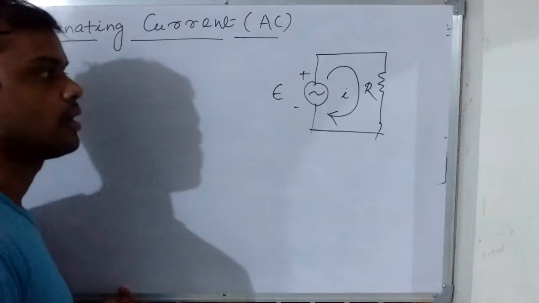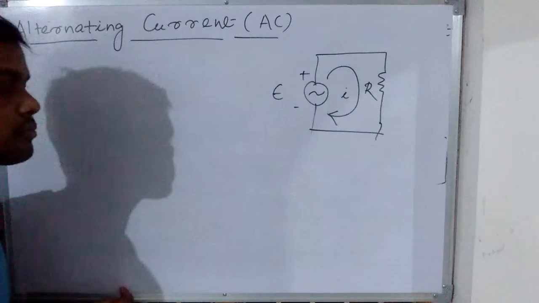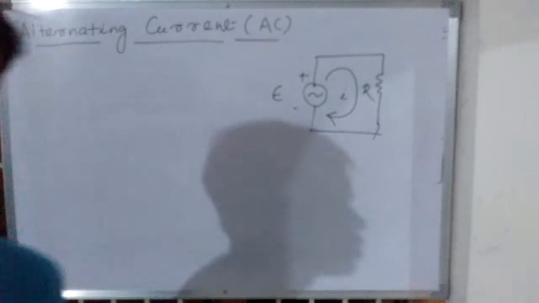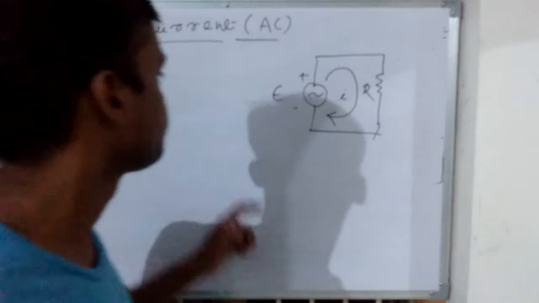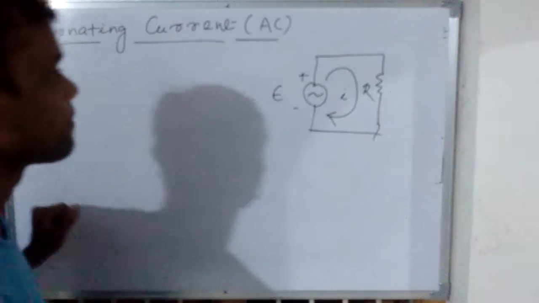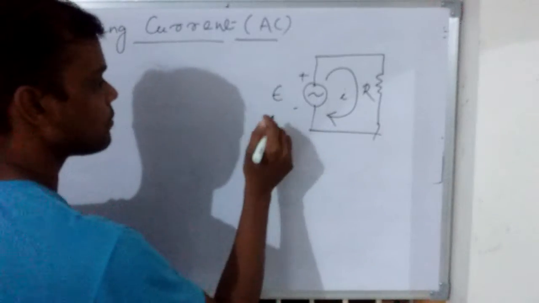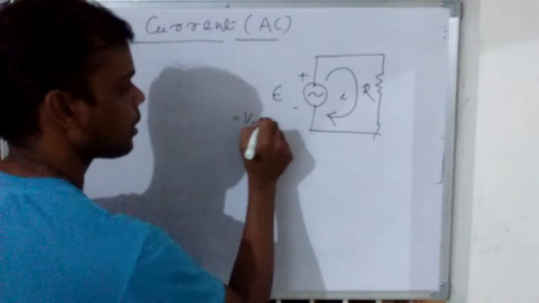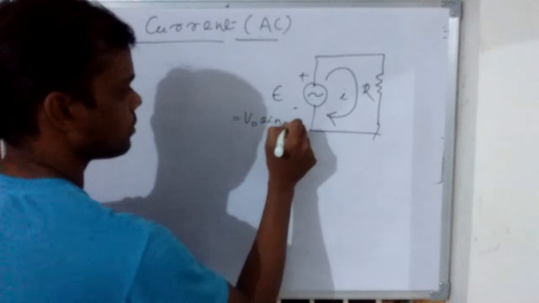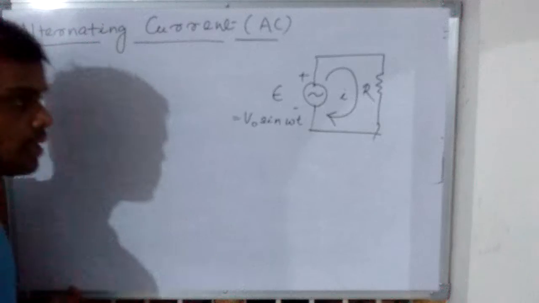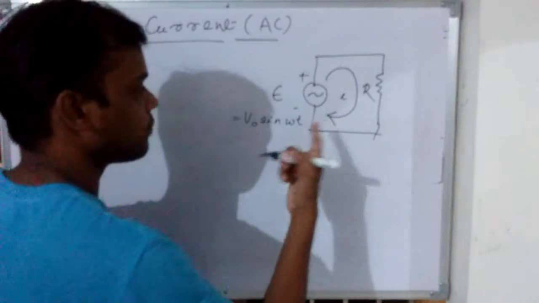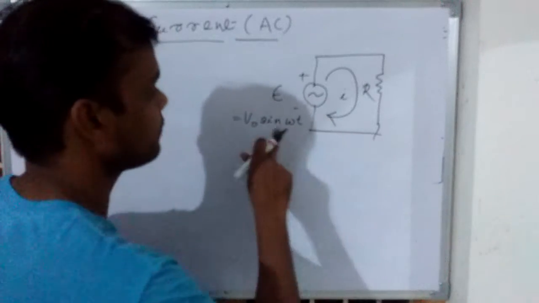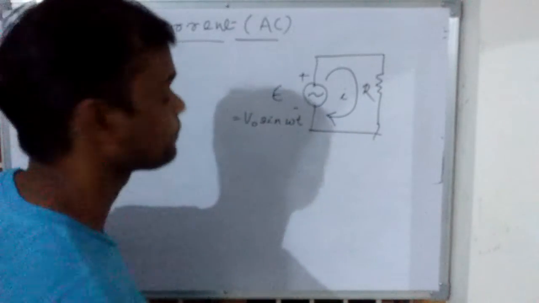Let the current be I. Let epsilon be equal to V naught sin omega t. Then our job is to find the expression for I if this voltage is applied to resistor R.